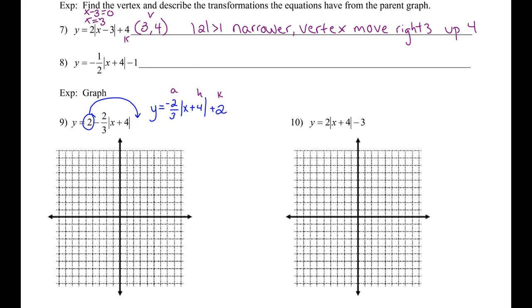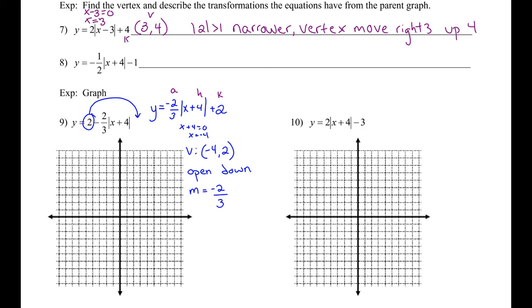So my vertex I'm finding by setting x plus 4 equal to 0. So I have negative 4 as my h value and positive 2 as my k value. I'm also going to make a note that my graph is going to open down because the a value is negative. And my slope is going to be the a value, so it's going to be negative 2/3.